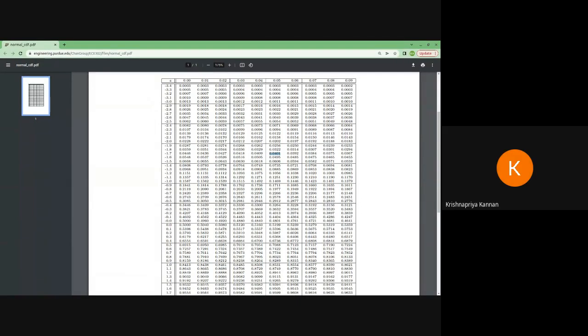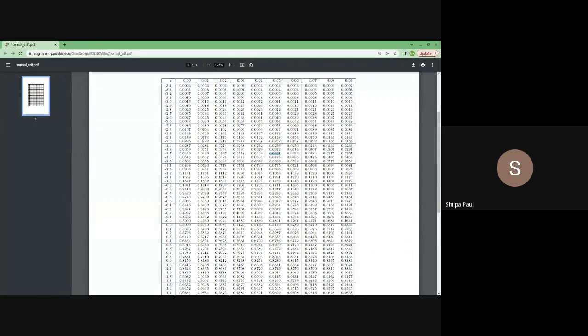Do we have to take whatever goes beyond this table as 0, sir? Even minus 4 itself will go to 1 by 10 power 6 or such. Okay, you can treat minus 3.5 or anything lesser than minus 3.5 as 0.